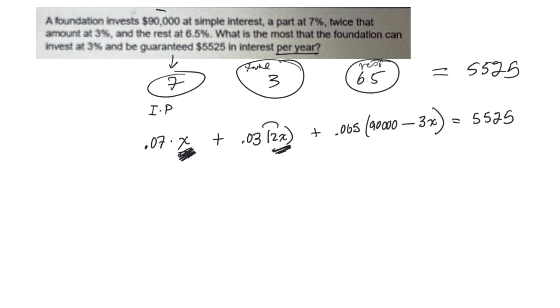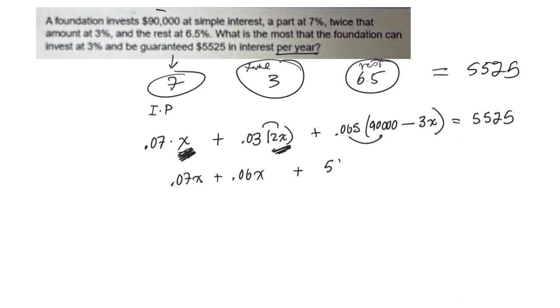Okay, let's multiply this out. So I'd have 0.07x plus 0.06x plus, okay, now I have to multiply that together. Let me do that quick. 0.065 times 90,000 is 5850.